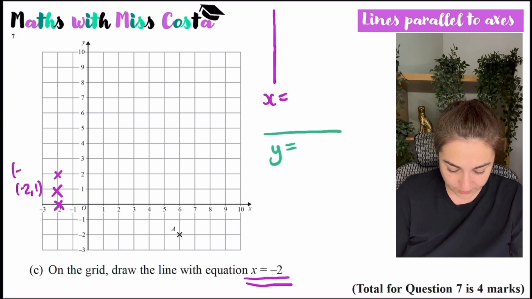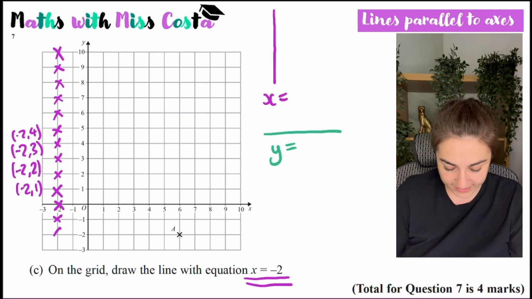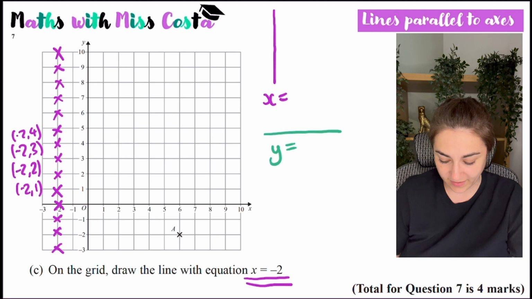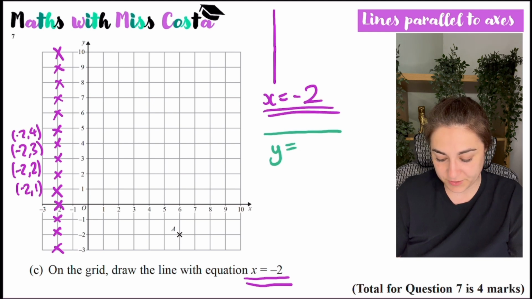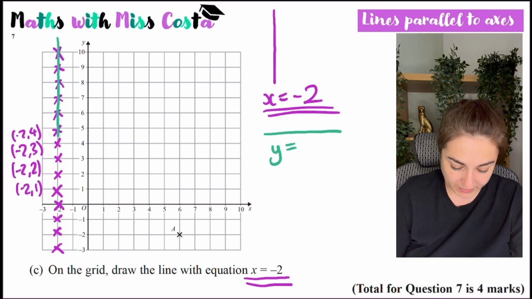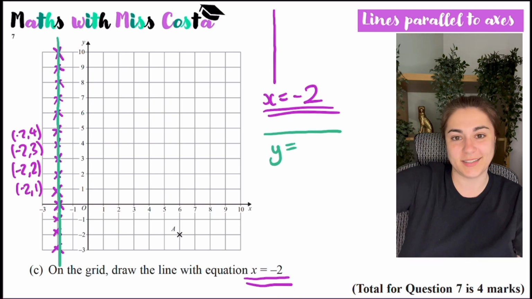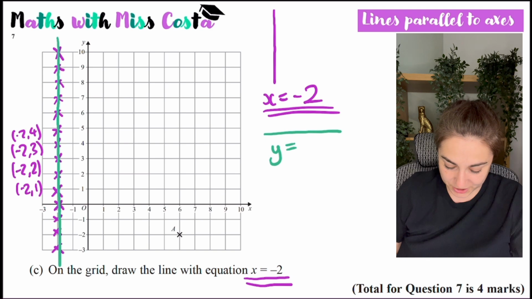This coordinate here would be minus 2, 2. This one would be minus 2, 3. This one would be minus 2, 4. So each of the x coordinates on this line would be negative 2. And that's why all of the vertical lines would be x equals, because they cross the x-axis at that point, which means that on that line, every x coordinate is going to be negative 2.